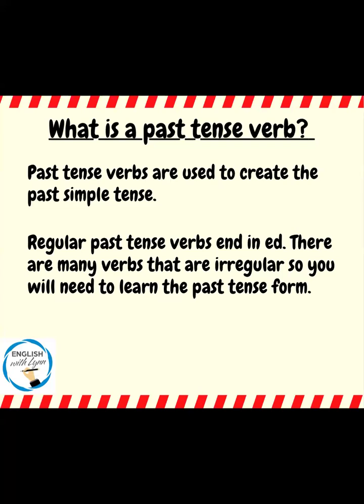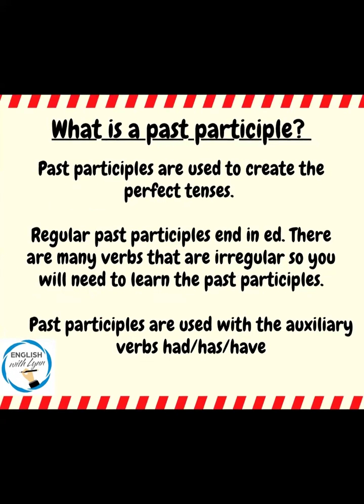And this is where English gets a bit confusing, because not only do we have past tense verbs that are used to make the past simple, we also have something that is called a past participle. And your past participles, they kind of follow a similar rule to past tense verbs, as in they are regular or irregular. And regular past participles, they end in ed.